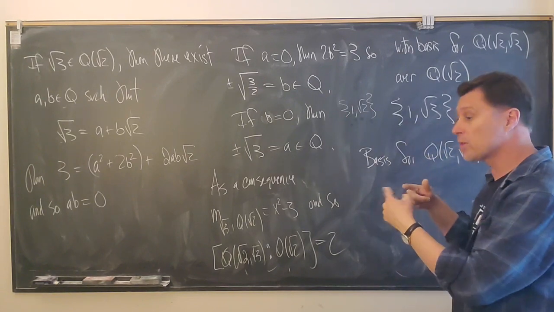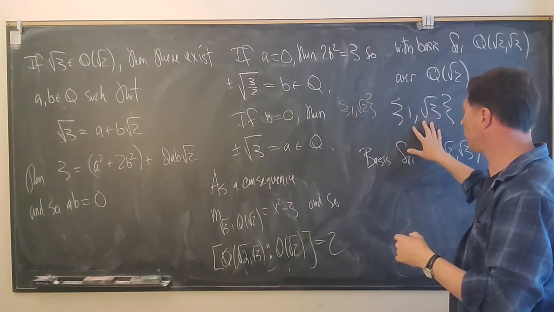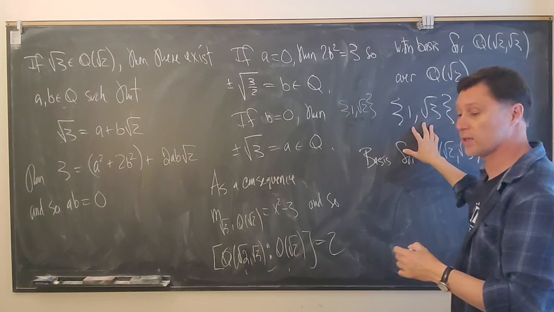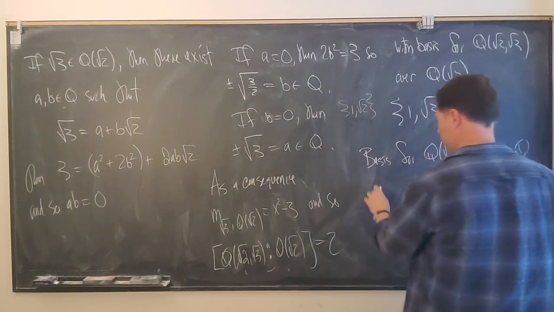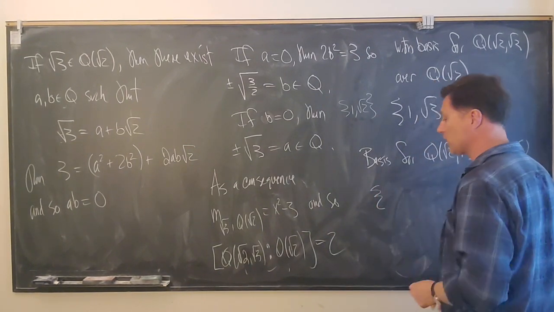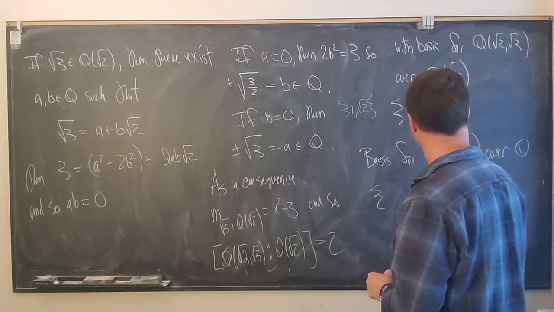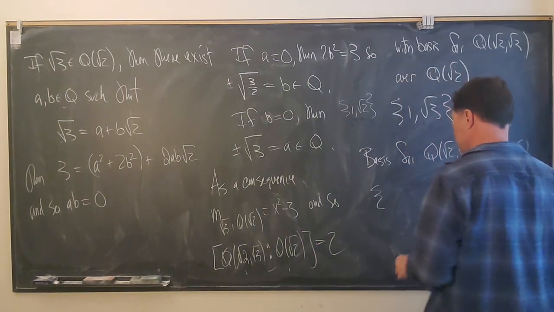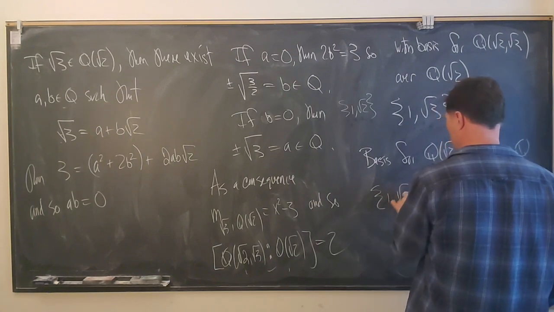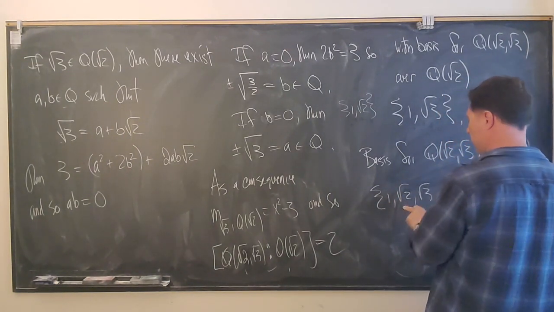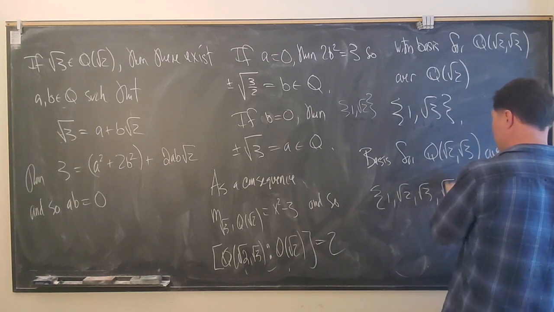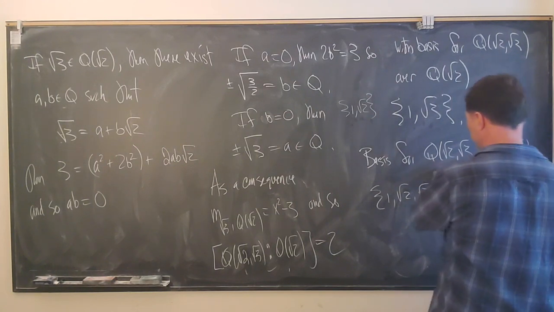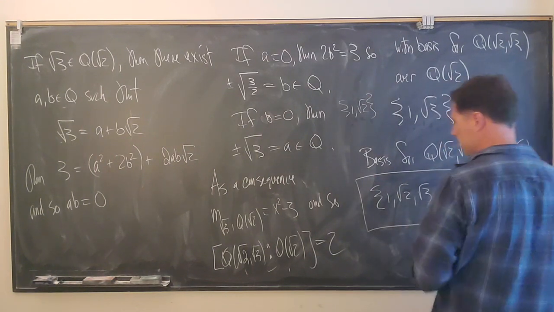Now we take 1 and multiply it by those things, take root 2 and multiply it by those things. Those 4 elements. The Tower law tells us that our dimension is going to be 4, right? 2 times 2. And the basis is going to be 1, root 2, root 3, and then when we multiply root 2 times root 3, we get square root of 6.